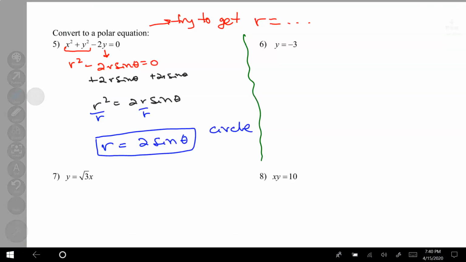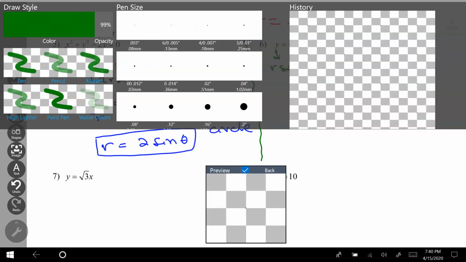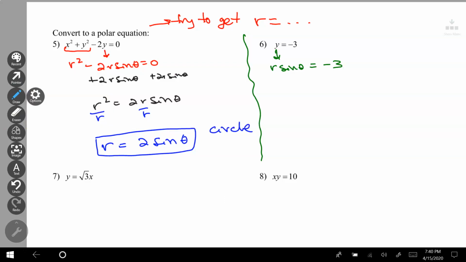Okay, problem number 6. Nice easy substitution. Y is just r times sine of theta is equal to -3, and then I can just divide by sine of theta, and I get r equals -3 over sine of theta, or -3 cosecant of theta.